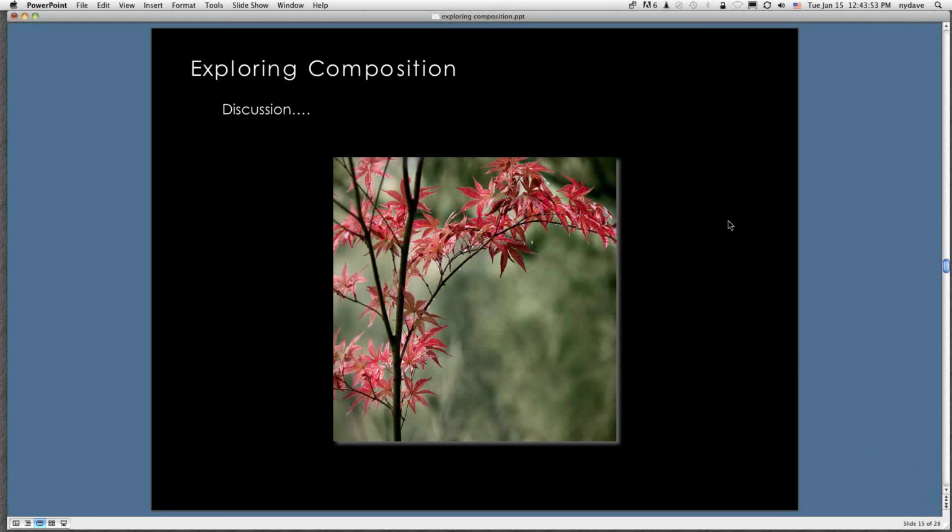So here we have some more leaves turning red, and instead of having a very European feel, to me this one has a very Japanese feel. Perhaps it's because I know this is Japanese maple, but there's an Asian influence in art and photography that's gone on for centuries.